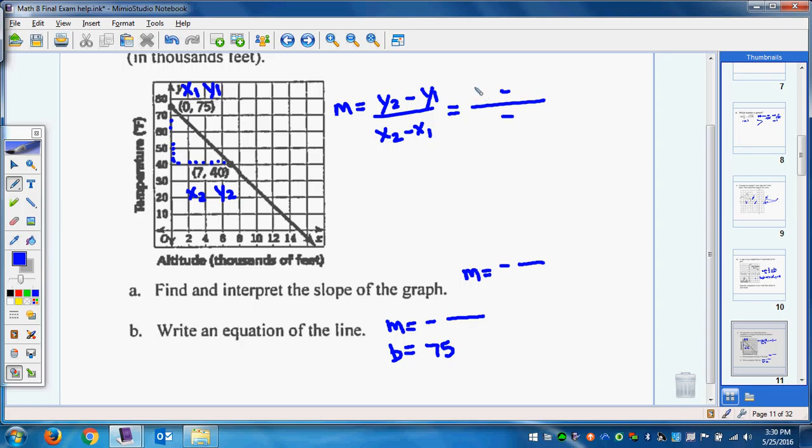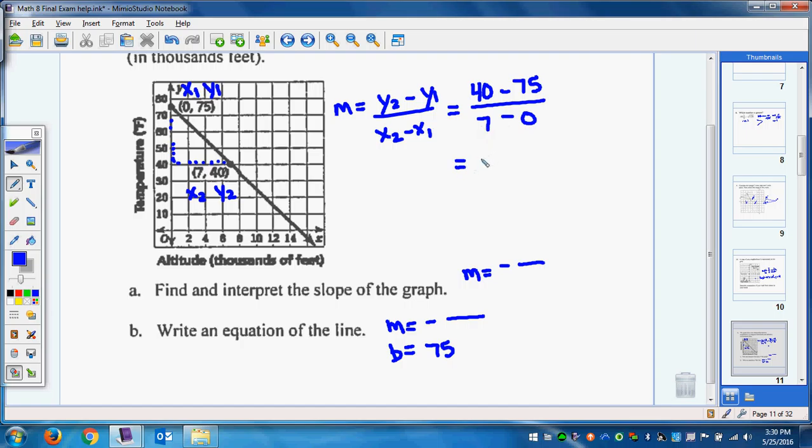So my y2 is a 40, and my y1 is 75. My x2 is a 7, and my x1 is a 0.